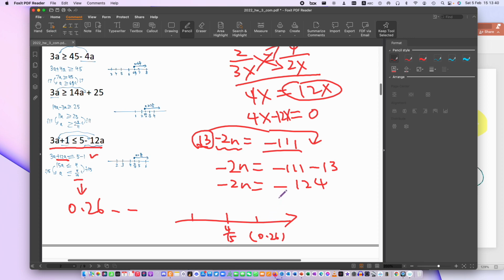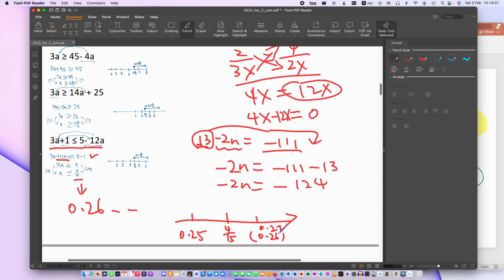Use your calculator lah. What's smaller than 0.26? 25. Okay, 0.25. Write down 0.25. What's on the right? 27. Okay, good. 0.27. That's it.